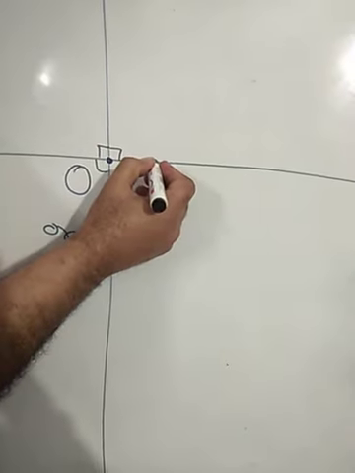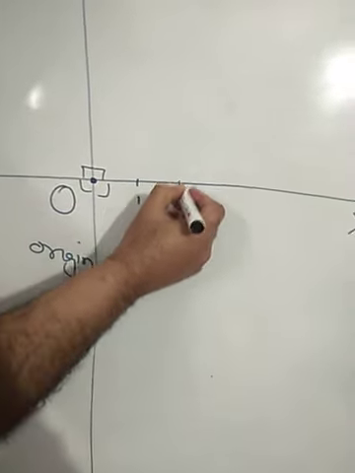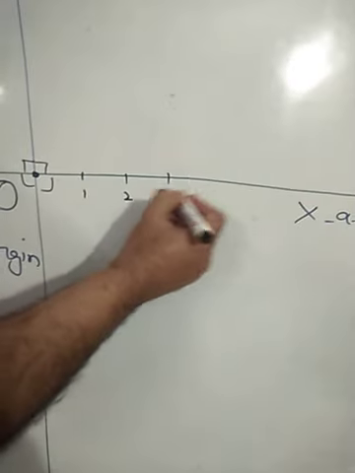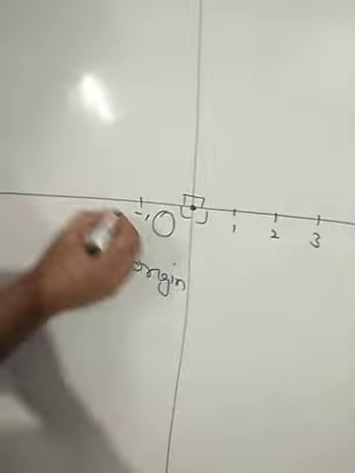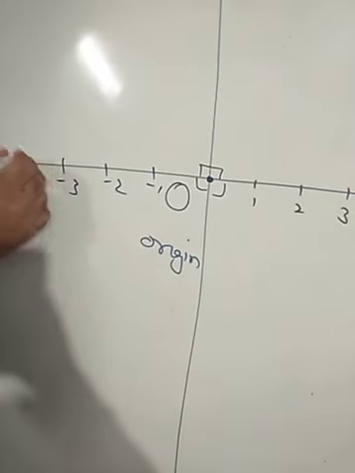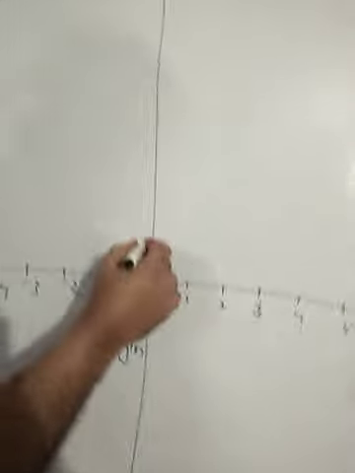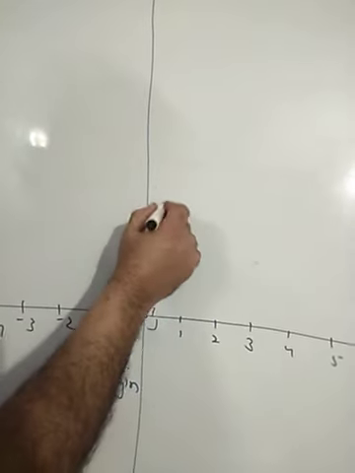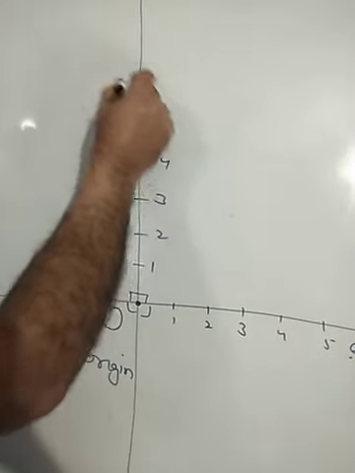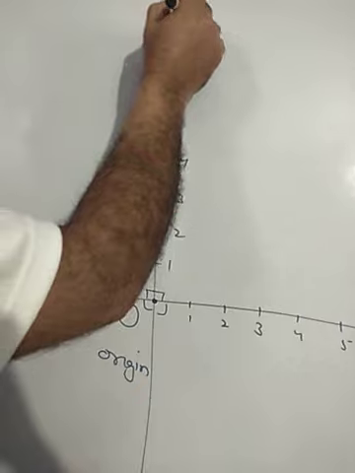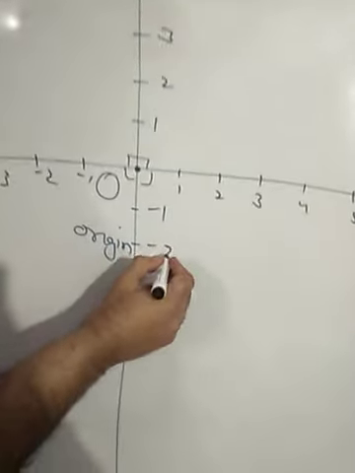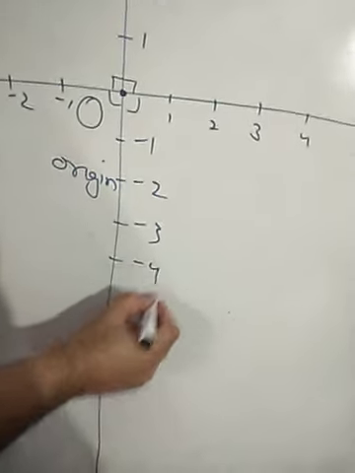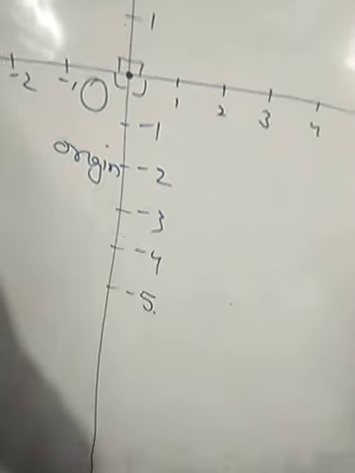On the x-axis to the right hand side we write positive numbers this way, and to the left hand side we write negative numbers, and in the same way on the y-axis upwards we write positive numbers, and downwards we write negative numbers like this. This way we can mark the scale on these axes.